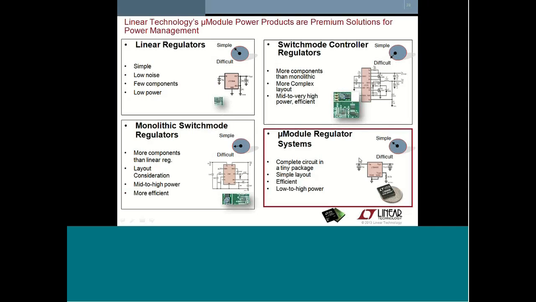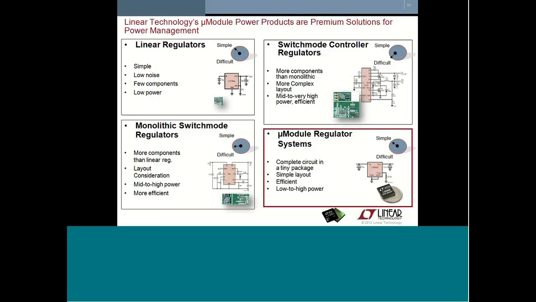As MOSFETs in switching mode controller regulator design are external, it can provide power dependent on MOSFET choice, but it requires higher component counts, even more complex layout, with more components to be placed on the PCB.